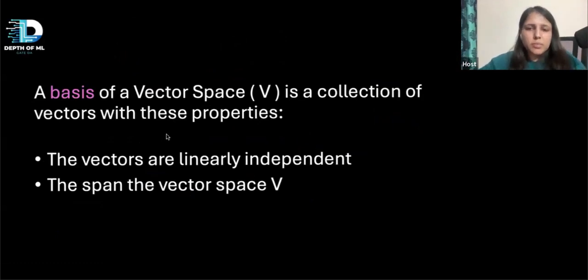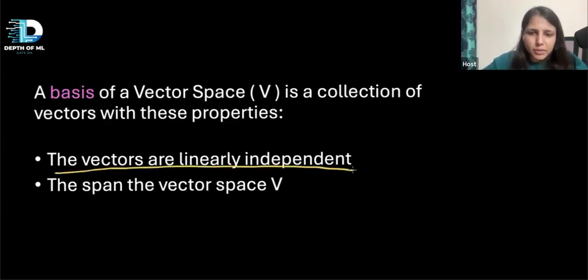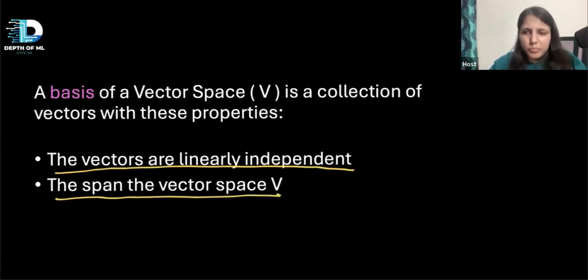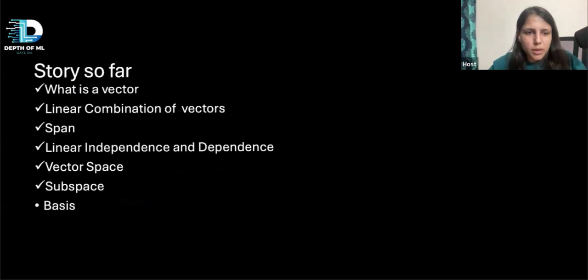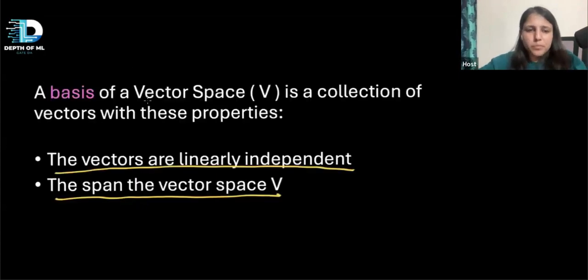A basis of a vector space is a collection of vectors with these properties: the vectors are linearly independent and they span the vector space V. Did I talk about span? I talked about span. So basically, a basis is a set of linearly independent vectors, and if I take all the possible linear combinations of them, which is also called the span, I will get the vector space V. Basis is that.